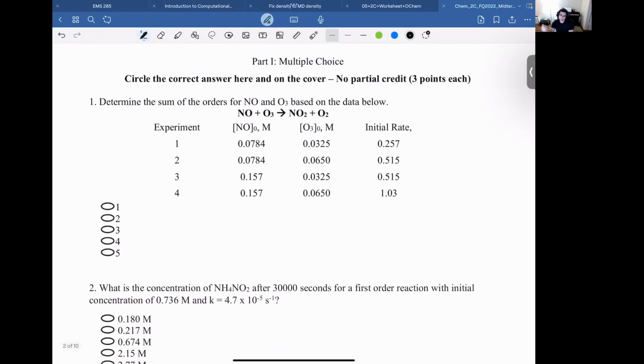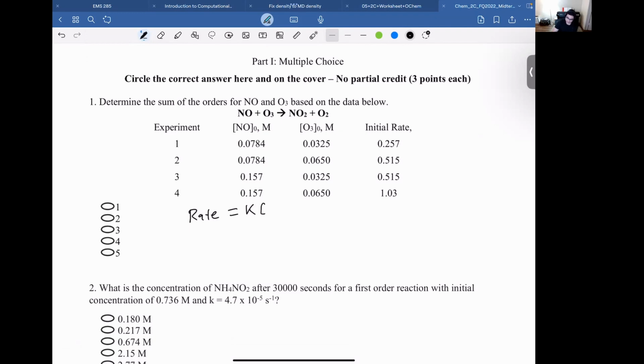It says determine the sum of the orders for NO and O3 based on the data below. This is the one on page 2 of the kinetics worksheet that we did in class, where they want you to find the orders of each of these. Basically, you're going to write the rate law, and you can't assume anything about the exponents.